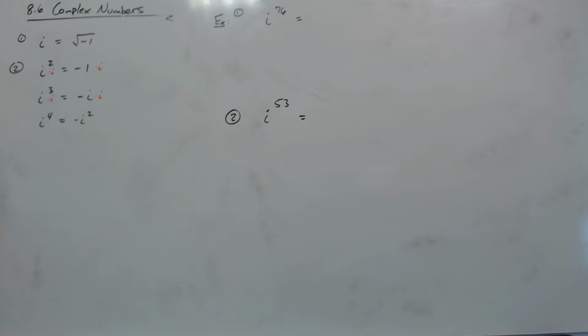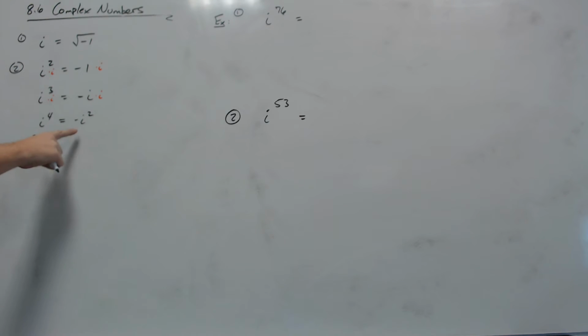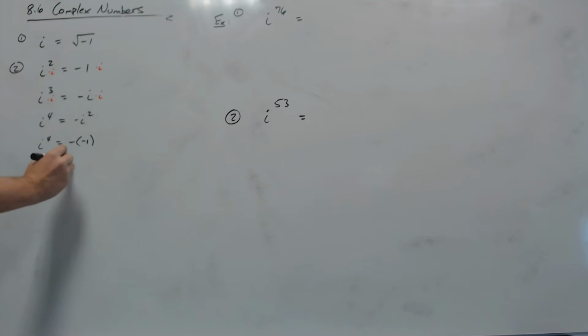All right, we're back here. i to the fourth equaling -i squared. But we already know i squared is -1, so this is going to be -(-1), which would be +1.